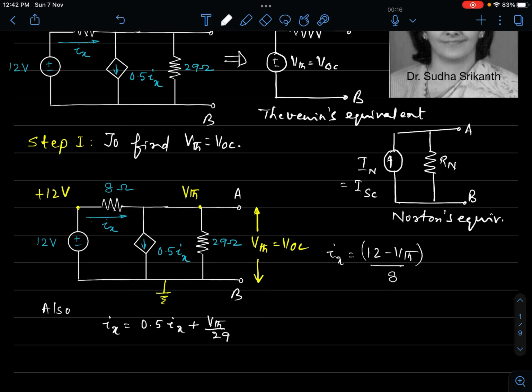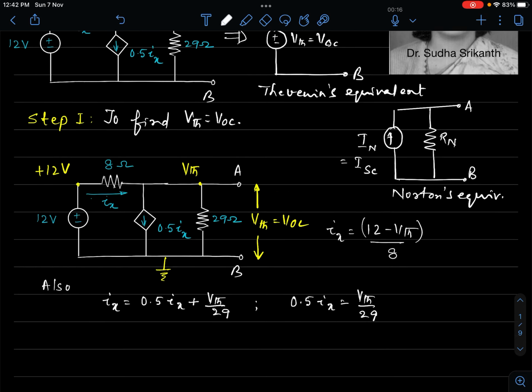It is as simple as that. I am supposed to find VTH, so on this side, 1 minus 0.5 is again 0.5 IX equal to VTH divided by 29. This is the equation I have.